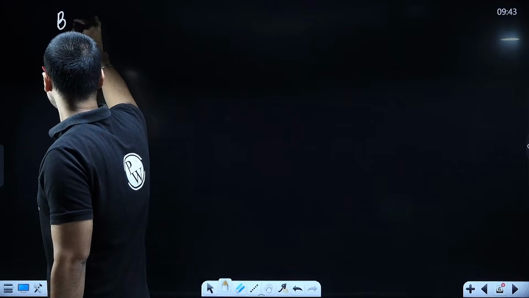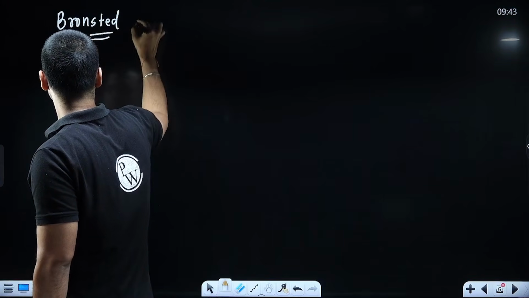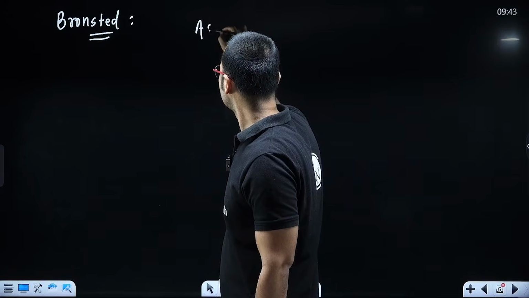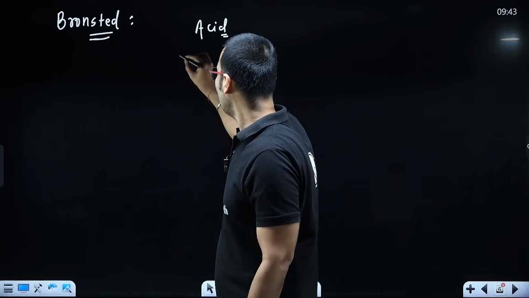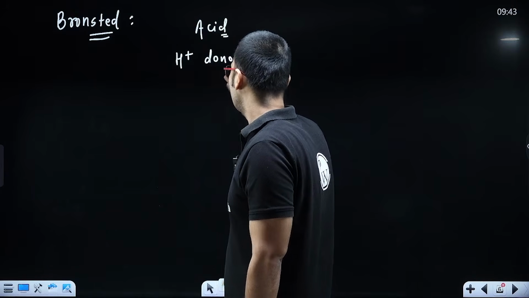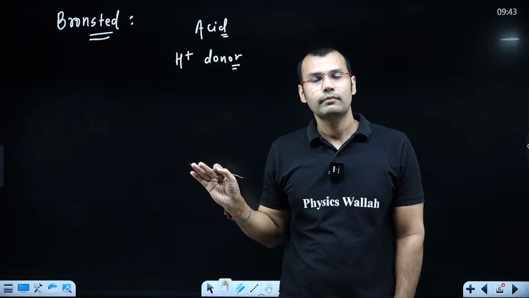So what is the Bronsted concept of acid and base? Bronsted said that acids are those compounds which can donate H plus ion in the solution. So according to Bronsted, the definition of acid is the same as Arrhenius.